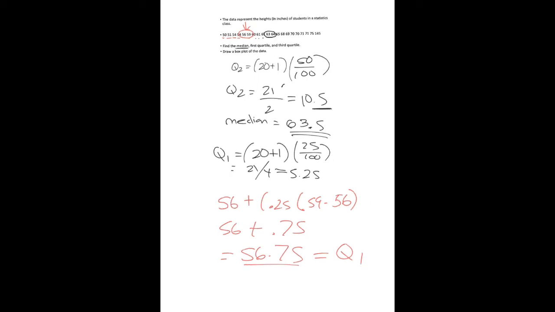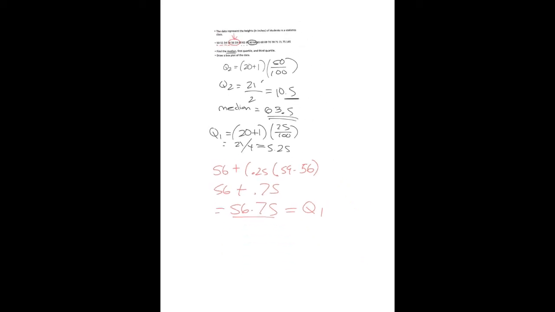Now let's also find Q3, and we are all set for our box plot. Q3 is going to be what location? We have (20 plus 1) times 75 over 100, which equals 15.75.